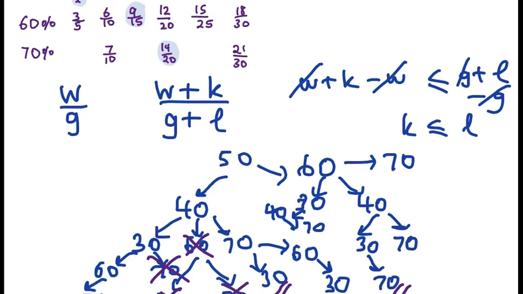Now, what about from 40 to 70? So what did we have? We had 1/2 to 3/5 to 4/10 to 14/20. From 14/20, can we go to 30%?